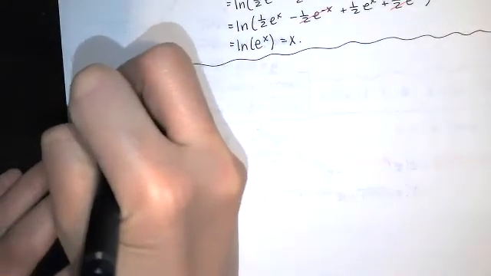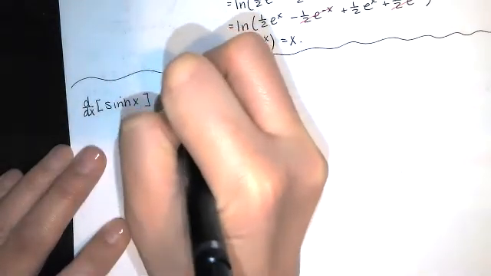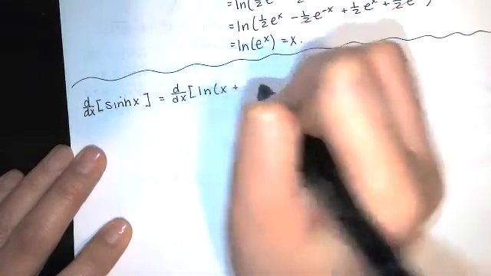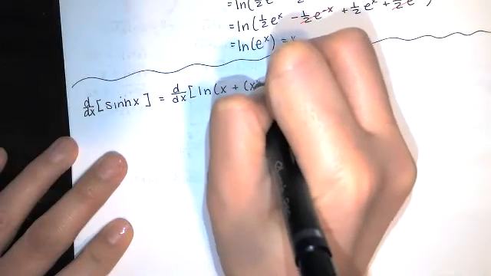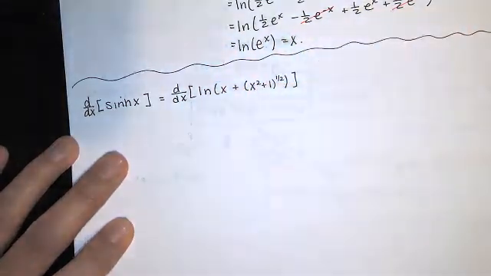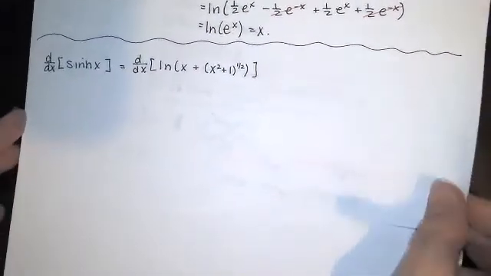So the derivative of the inverse hyperbolic sine function is the derivative with respect to x of the natural log of x plus, that x squared plus 1 to the 1/2 power. Oops, it's on an angle, sorry.